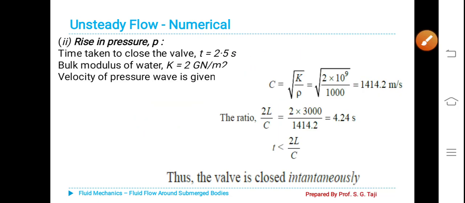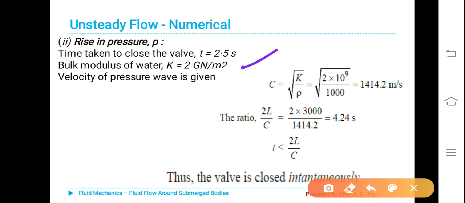Next case. When time taken to close the valve T is equal to 2.5 seconds. Bulk modulus of water K is equal to 2 giganewton per meter squared. Velocity of pressure wave is given by C is equal to under the root K by rho, where K is 2 into 10 to the power of 9, divided by rho, the mass density of fluid, 1000 kg per meter cube. Therefore, this is about 1415 meters per second.